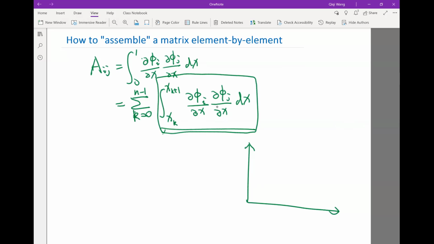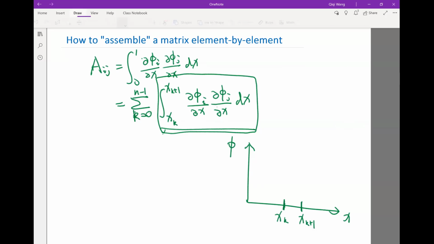Let's just focus on one element. So this is xk, this is xk plus 1, x and the phis. Can somebody tell me which pairs of i and j, when you multiply their respective derivatives, would be non-zero when integrated over this element?